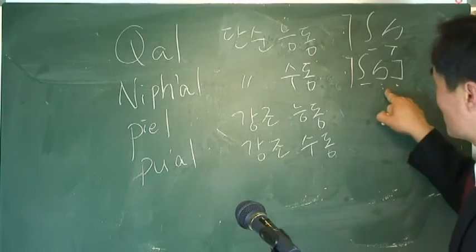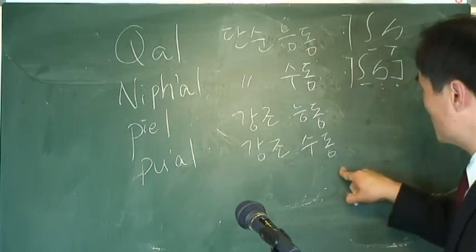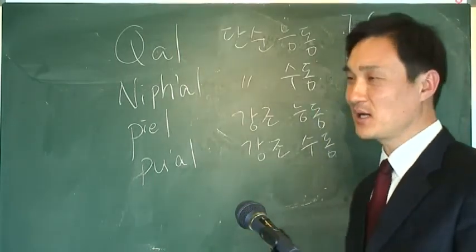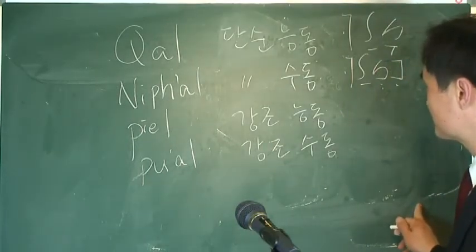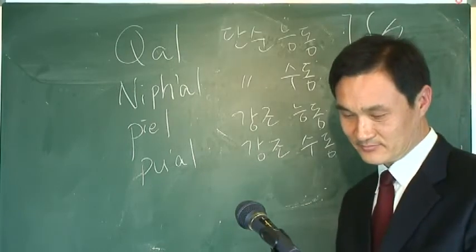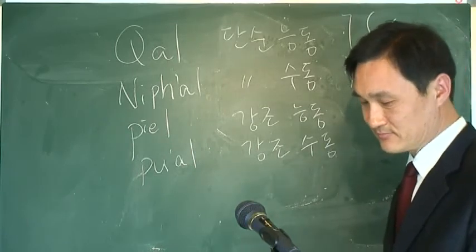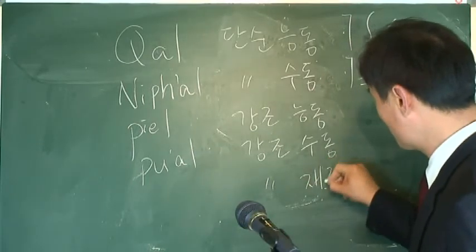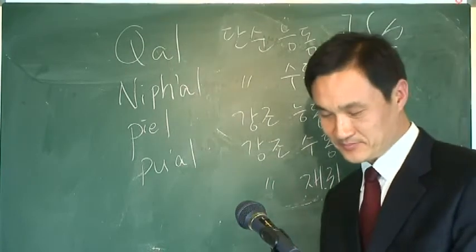There is a difference between the nifal stem and the pual stem. The nifal stem means he was ruled, and the pual stem means he was ruled thoroughly or brutally. There is also the intensive, reflexive voice.